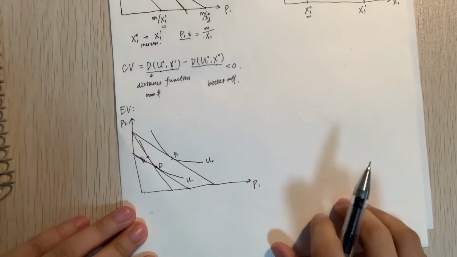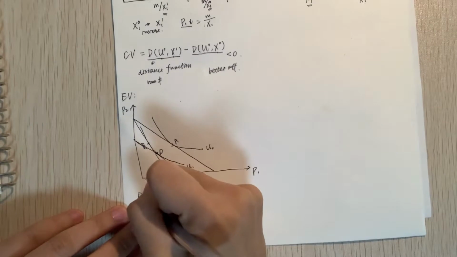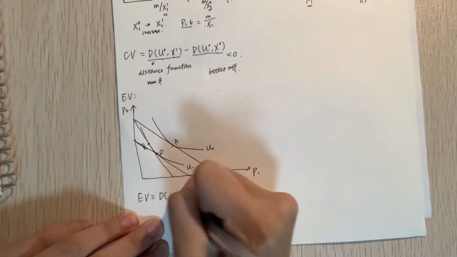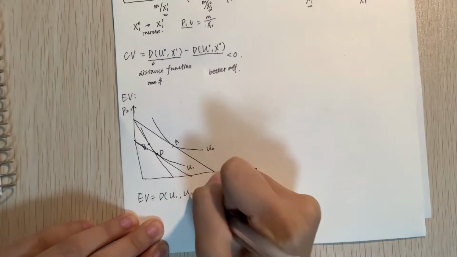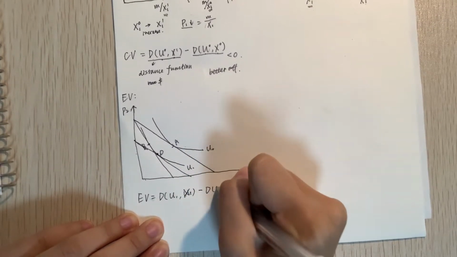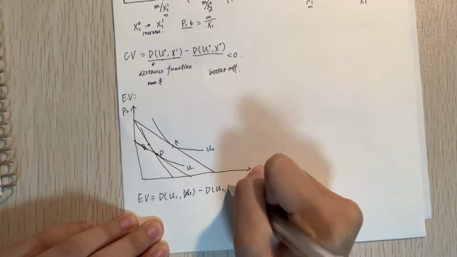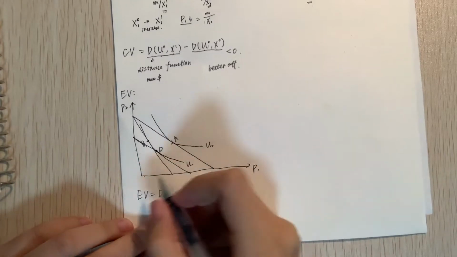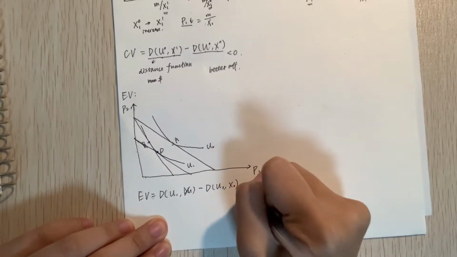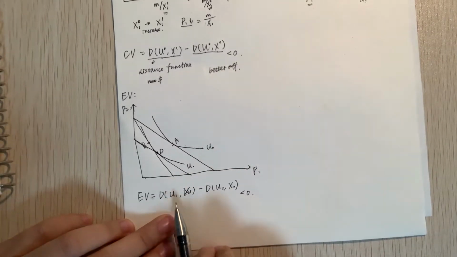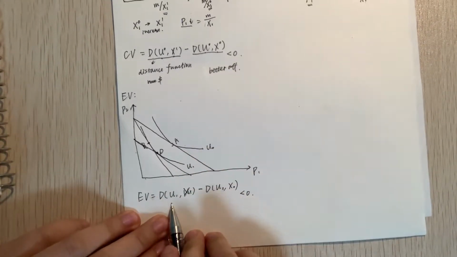Put it mathematically, it just looks like this. Still, we're going to use the distance function. Again, if this value is smaller than 0, it means we're better off. Why? Because we need to pay less.